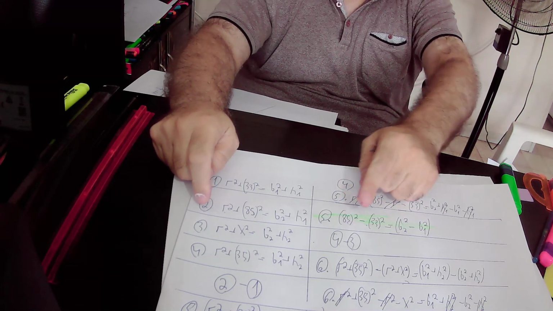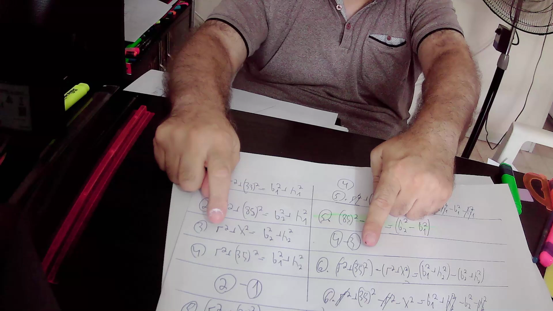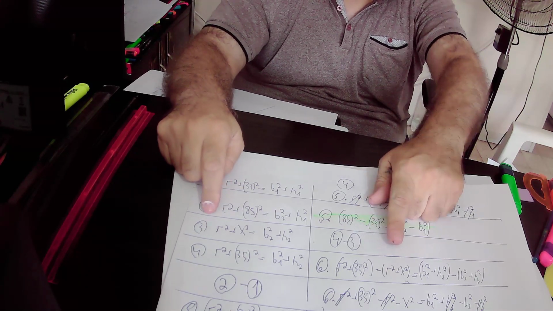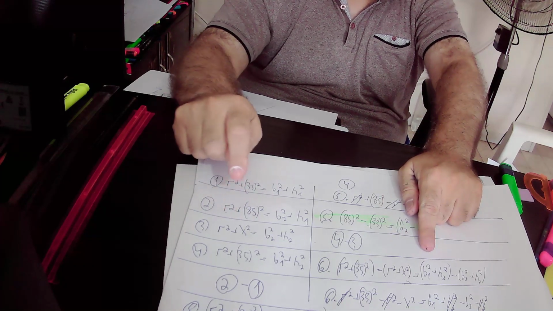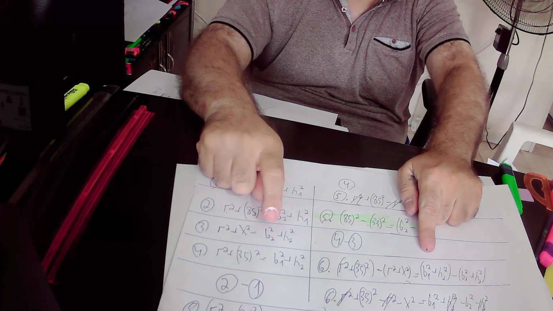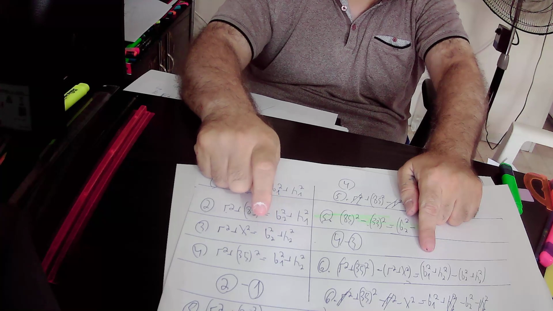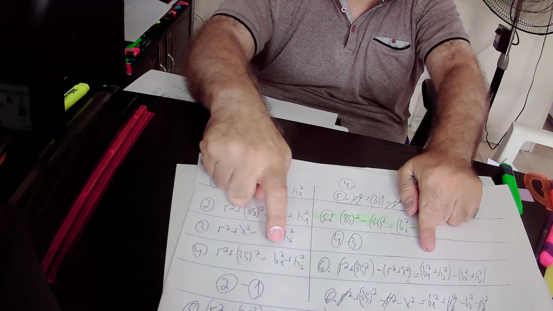Here in equation number 4 we have r square plus 35 square, minus equation number 3, here we have r square plus x square. Then we subtracted the other side of equation number 3 from the other side of equation number 4.